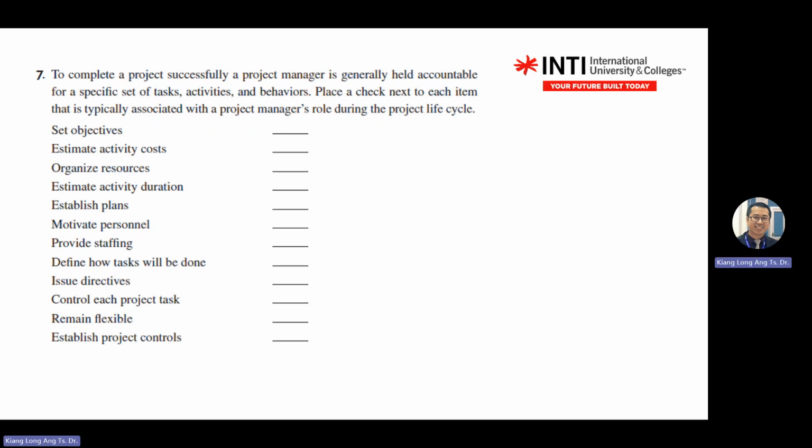Activity cost is a functional finance department matter. In some cases it can be. Which one is very obvious that it's not?